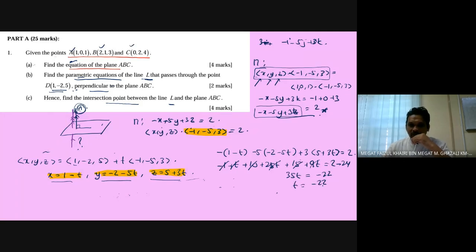Then t equals negative 22 divided by 35.